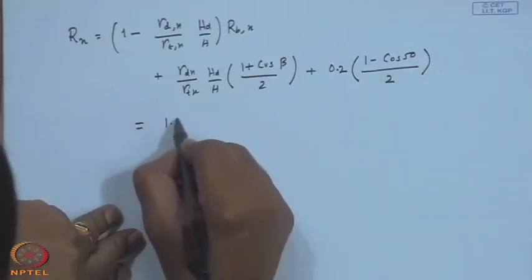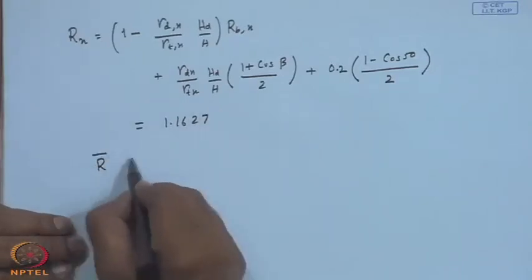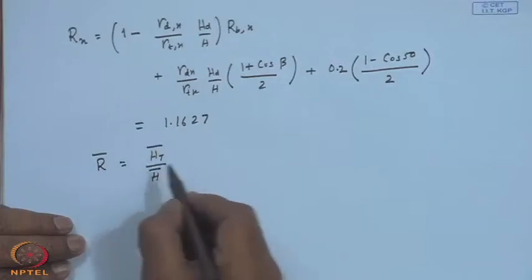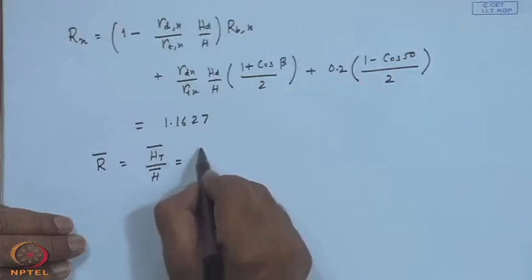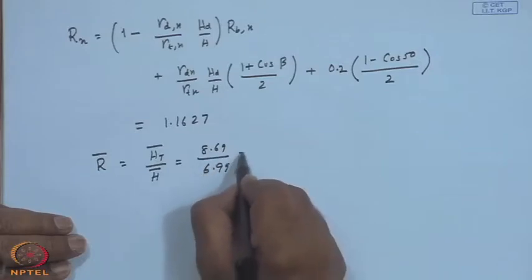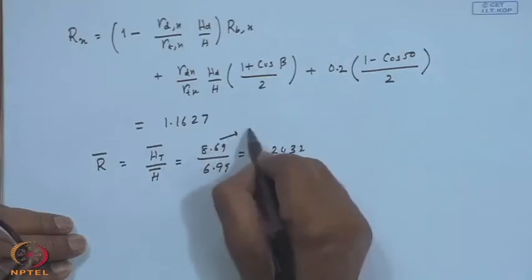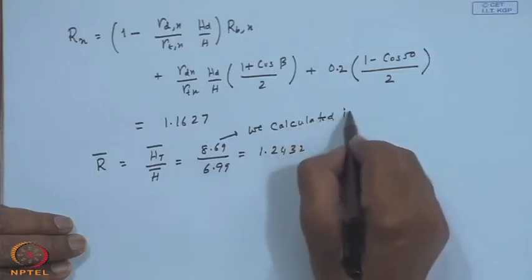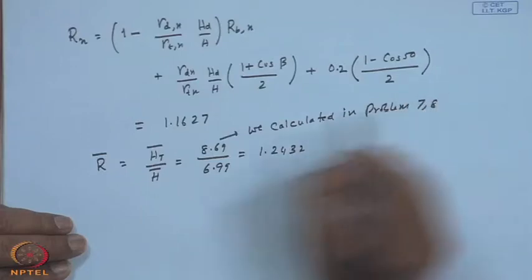This comes to 1.1627, and your R bar is HT bar by H bar equal to 8.69 by 6.99 equal to 1.2432. So, remember this we calculated in problem number 7 or 8. Okay.